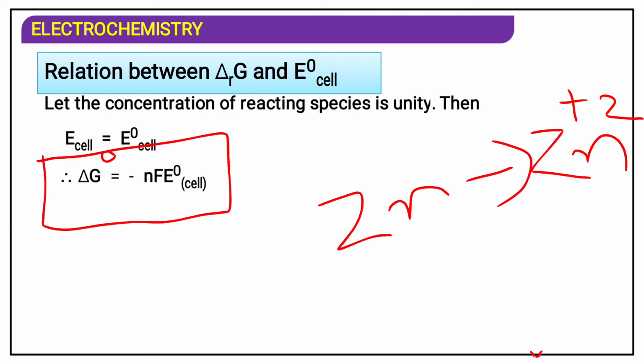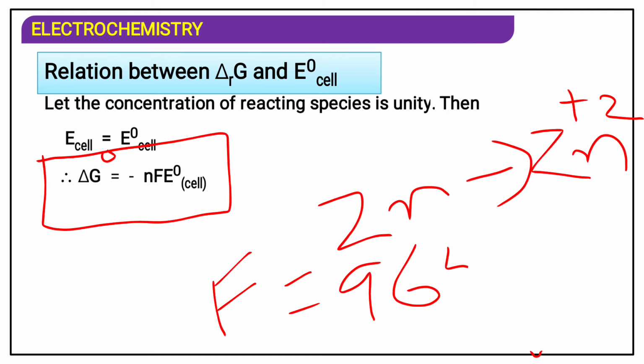F is the Faraday, and the Faraday value is 96,500 coulombs. That is the F value. Then E naught cell will be provided in the problem. So substitute these values, then you will get delta G naught.